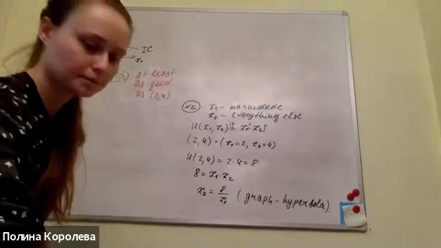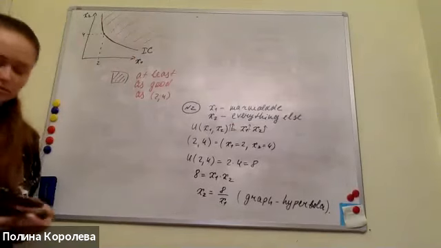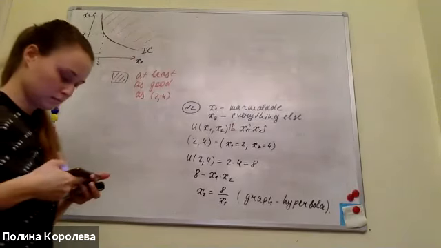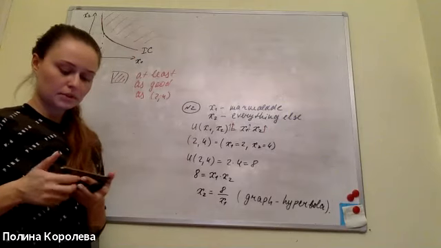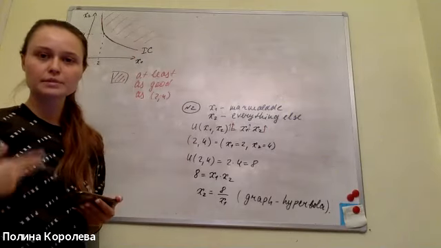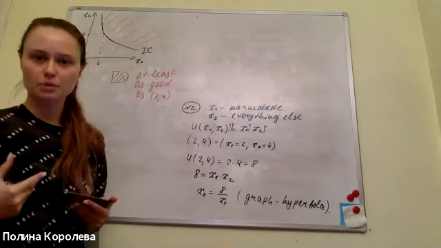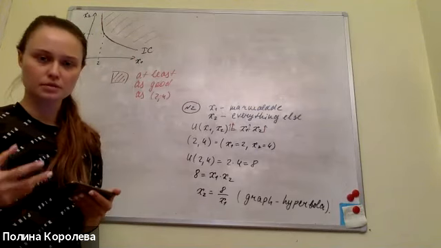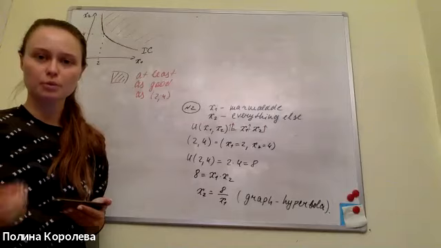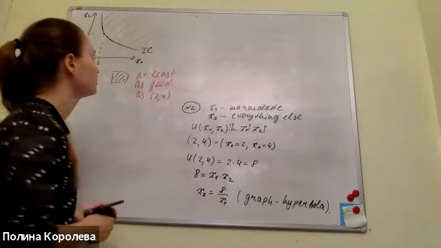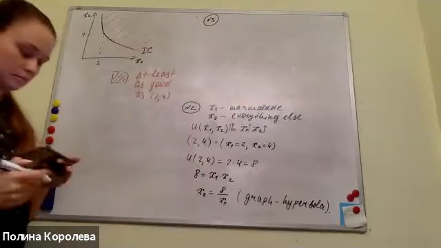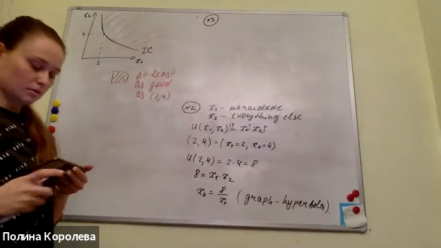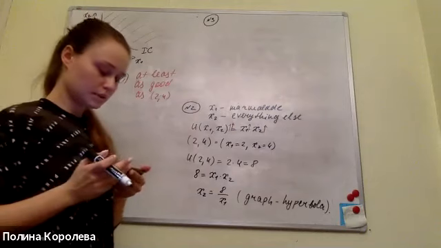So next. Number 3 is about not preferences, but how much money we have and what prices we have in the economy right now. It's about our budget set, number 3. What is the task?